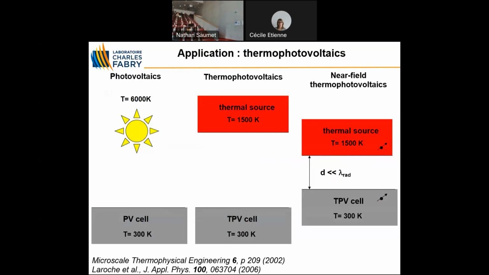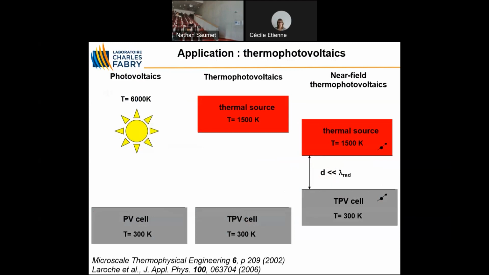And now you can do near-field thermophotovoltaics, and the idea is that you take advantage of the fact that in the near field it's monochromatic. So that solves the problem of how you manage to have something which emits only at one frequency. The second advantage is that the flux here, as compared to the flux that you have here, can be enhanced by 2 orders of magnitude, as we've seen.